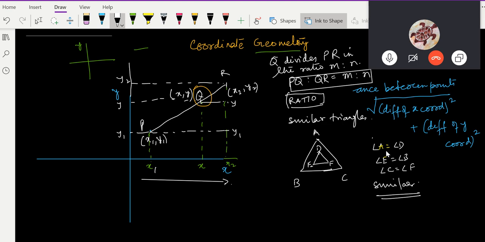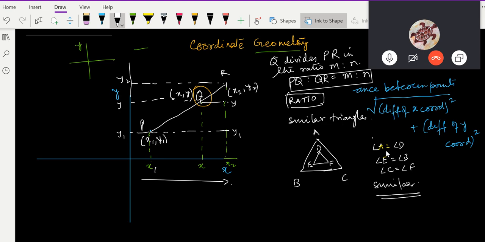But look at these two triangles. The angles are the same, but the sides are not the same, right? So it is like two concentric triangles, one inside the other. It will be exactly similar in all respects except the sides.